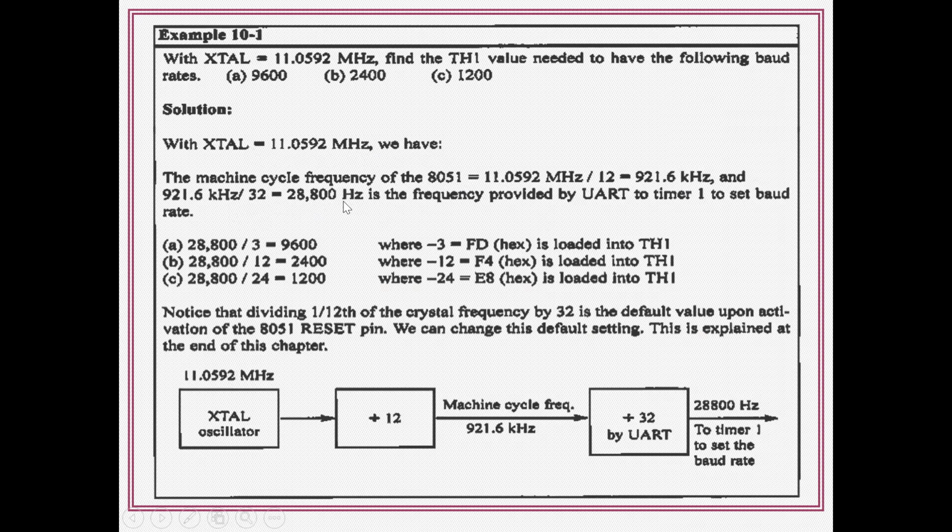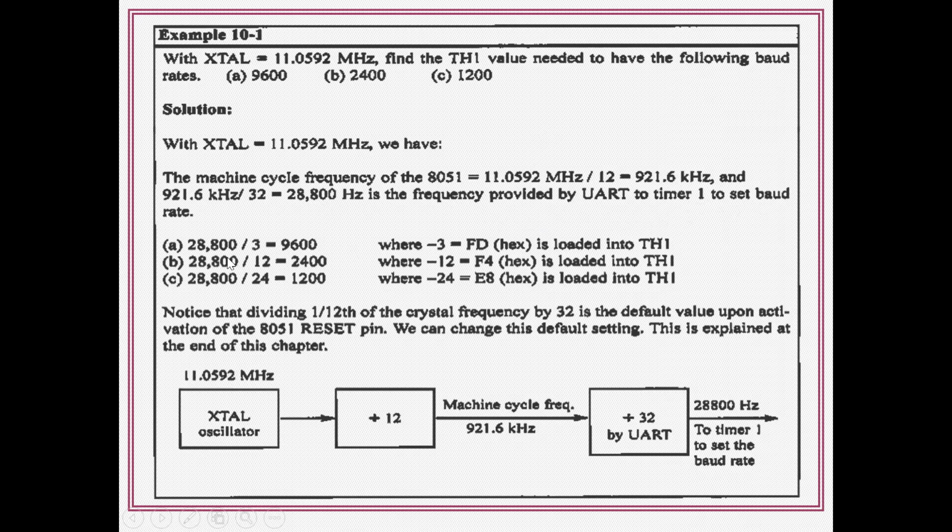Already we discussed in the previous slide that this is the frequency provided by UART to timer 1 to set the baud rate. Compared to the CPU, all the peripherals are slower devices, so that the CPU can control all peripherals. That is why it is also divided by 32. That 28,800 hertz is given as input to timer 1 in UART.